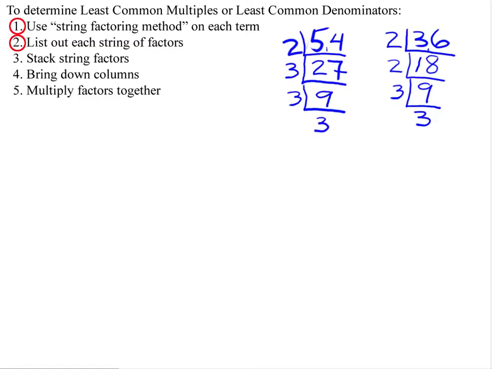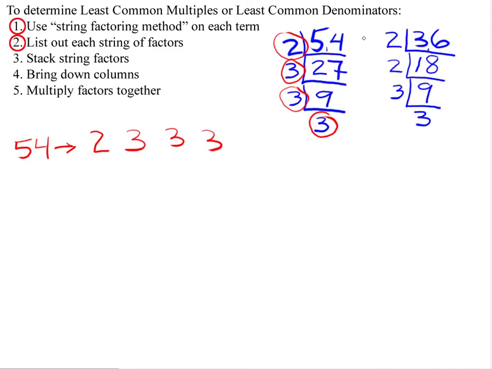It means first we're going to take our first number that we have in our problem here, which is 54, and we're going to list out the string of factors that we developed over here. So we have a 2. That's this one. Then we have a 3, so that goes here. And we have another 3, so that goes here. And then we have another 3, so that goes here. So here's our list of factors right here.